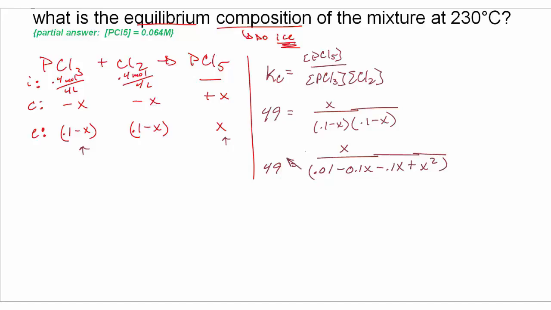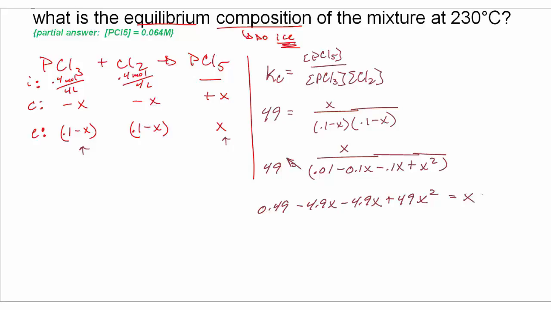Bring this up to the top with the 49, okay? So we'll have 49 times 0.01, it's just 0.49, and negative 4.9x, negative 4.9x plus 49x squared equals x.